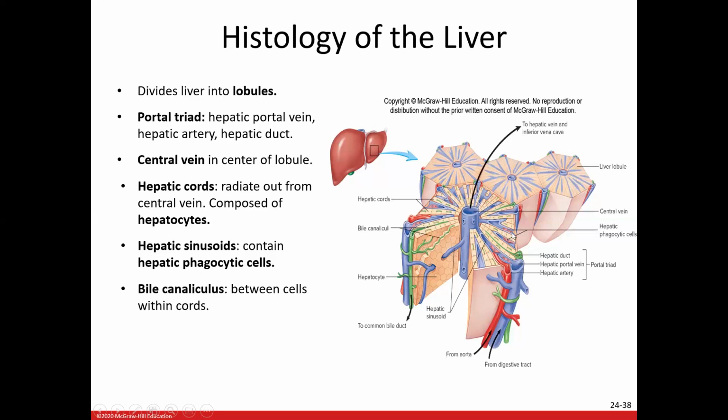They contain hepatic phagocytic cells, which help with an immune response, get rid of microorganisms we don't want. And then lastly, we have the bile canaliculus. And these are these little small bile channels that run along the hepatocytes. So the bile they produce then goes into these canaliculi, which will eventually go to the hepatic ducts to be released from the liver. So a lot of structures there.